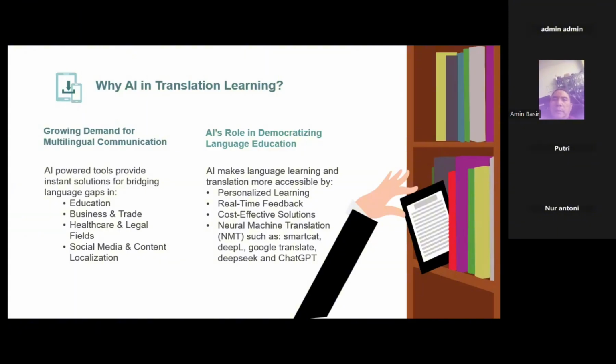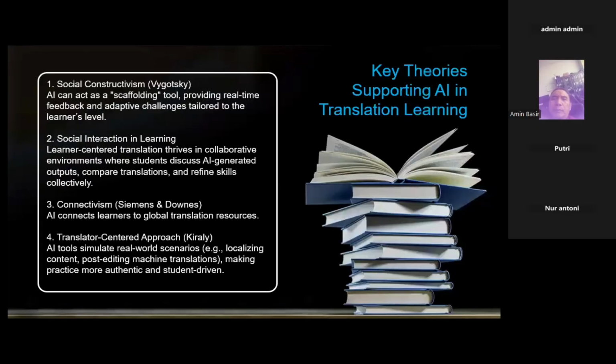And then related to the key theories that support AI in translation learning. Of course, we have social constructivism by Vygotsky. Here, AI can act as a scaffolding tool, providing real-time feedback and adaptive challenges tailored to the learner's level.